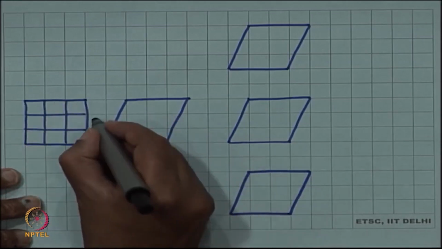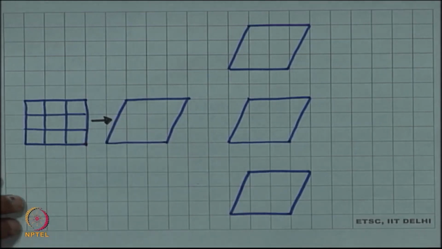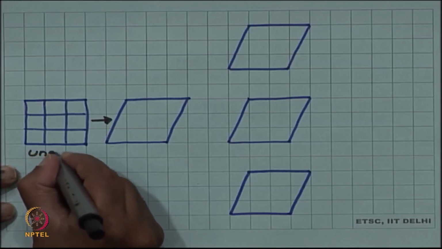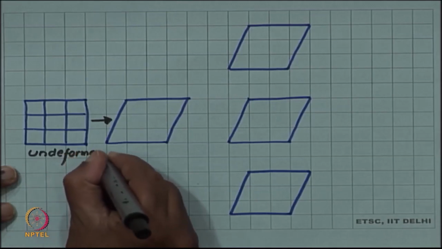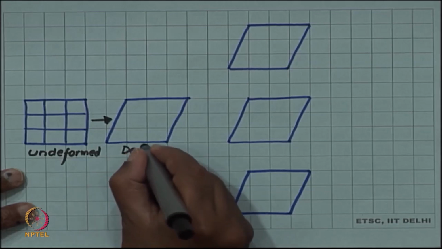By these squares I am trying to show some sort of crystal structure of this block. So, this is undeformed, and now it is going to be deformed.